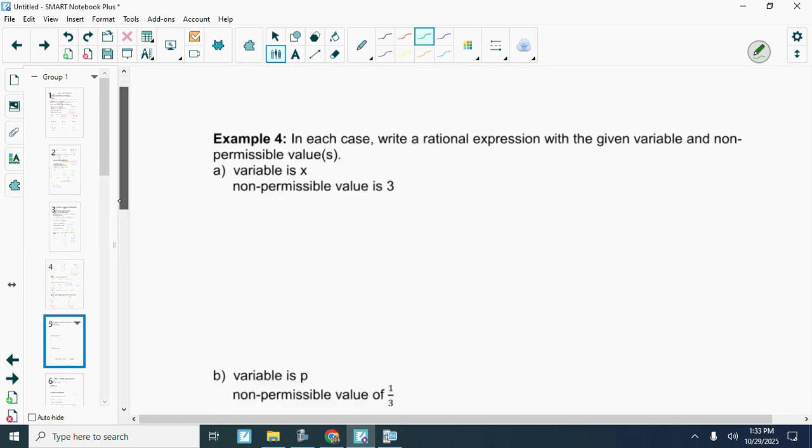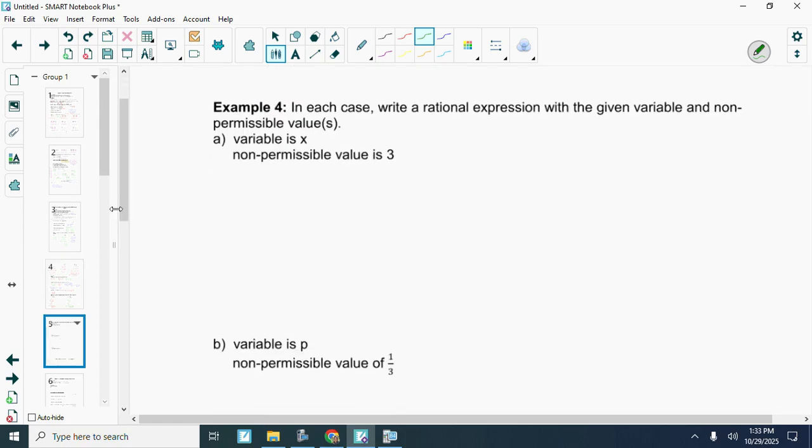Final example, and then I'll get you guys doing a little bit of practice questions. In each case, write a rational expression with the given variable and non-permissible values. So now we are reverse engineering the process. They're giving us the answer: the variable is x, and the non-permissible value is 3.